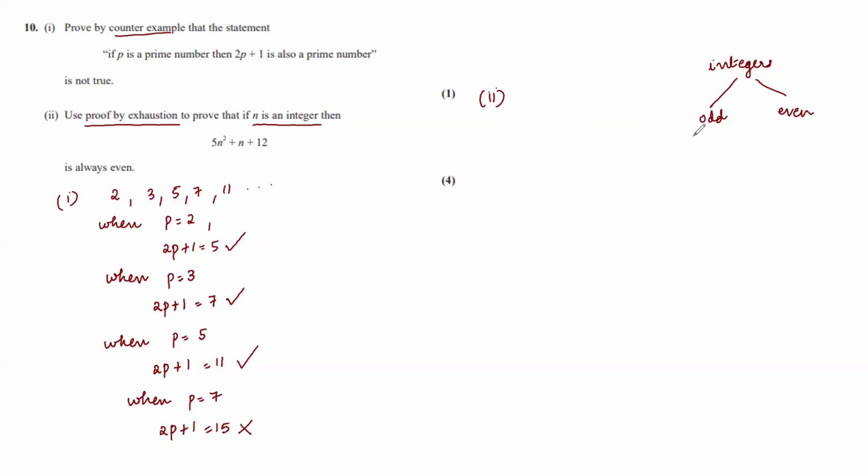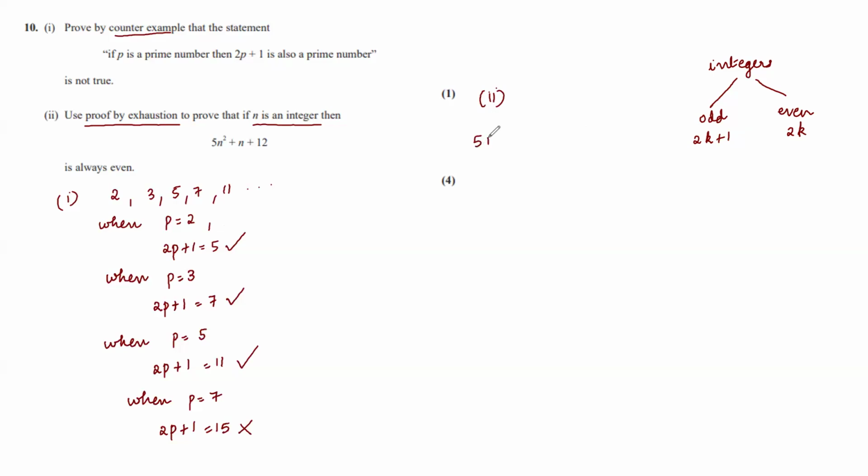So we know the standard form. The standard form of odd numbers is 2k plus 1, and the standard form for even numbers is 2k. Now, we need to prove for both of these conditions that this is always even.